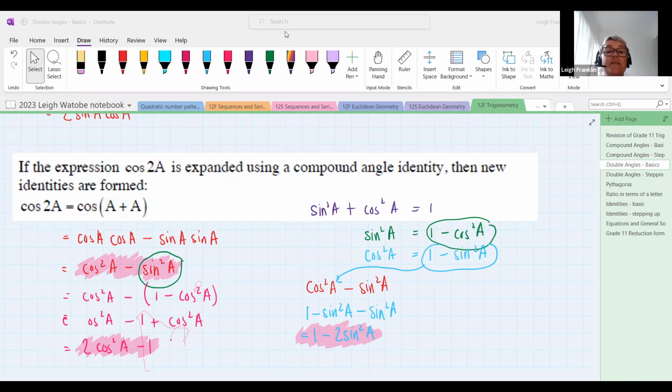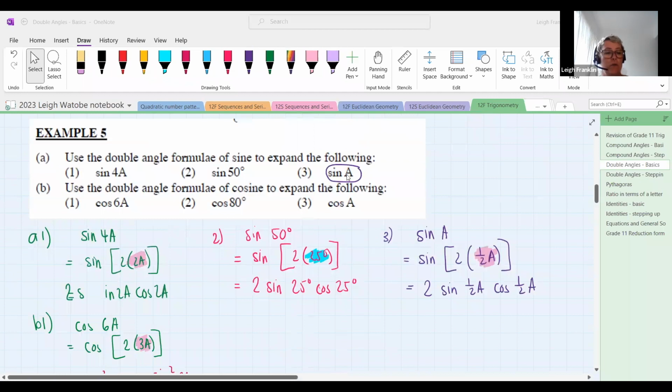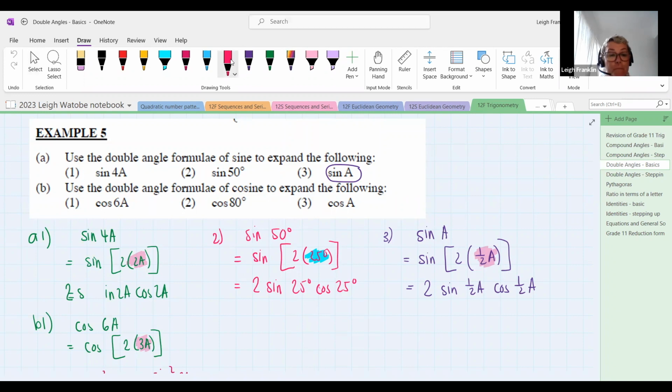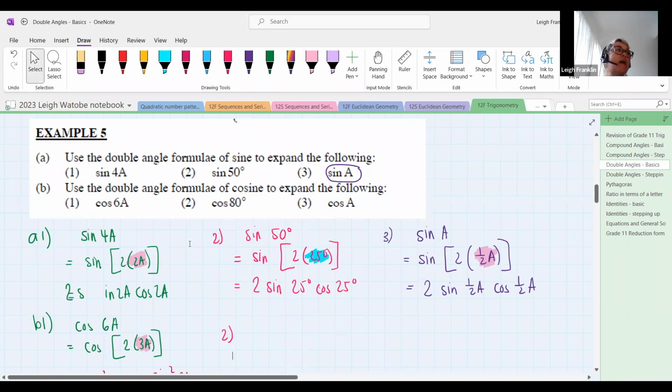All right, and then I see there's a hand up, Zentle. Don't say sorry. I was going to ask, ma'am, would there be a time we would need to prove the identities, how they came about? No, they're not going to ask you. There are times where they ask you to derive things. Sometimes they ask you how the compound angles are derived, but they don't ask you how the double angles are derived.